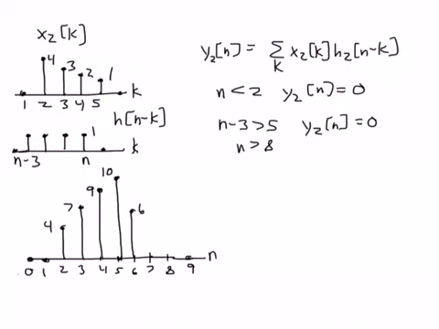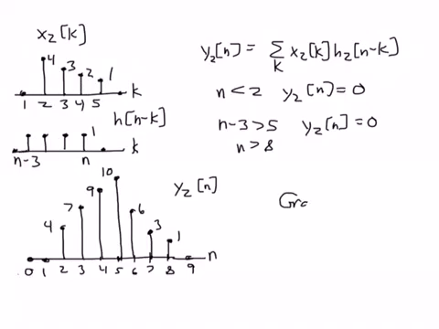It'll be 1 plus 2, which will be 3. And then finally, I'm over where n is 8, and so only n minus 3, which is at 5, lines up here. So it's 1 times 1. And I get 1. Okay, so this is a sketch of y2 of n for this case.